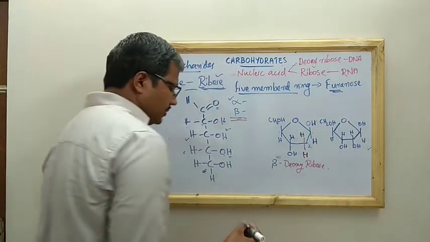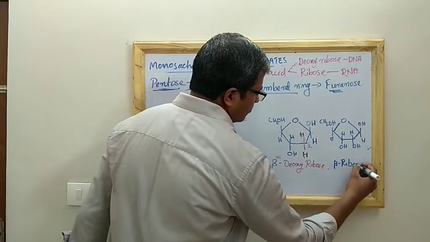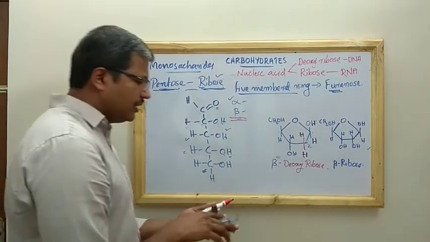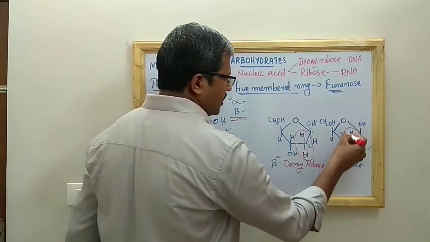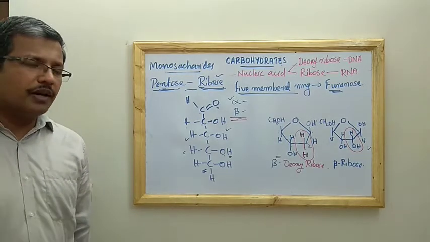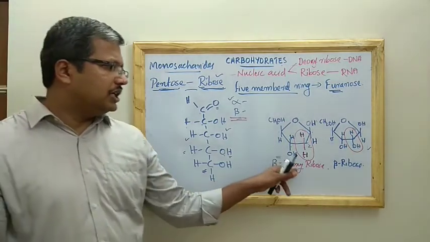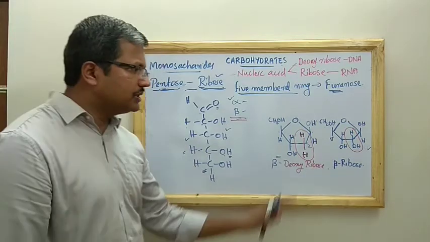So this is actually the beta ribose. Keep in mind that this second carbon is the difference between beta deoxyribose and beta ribose sugar. Hope it's clear for you.